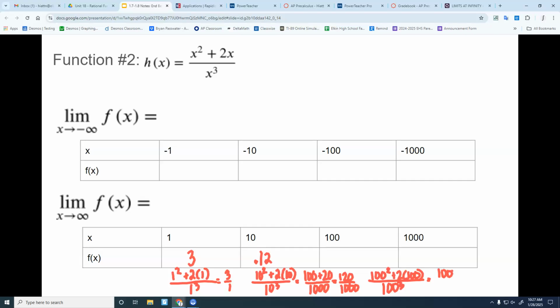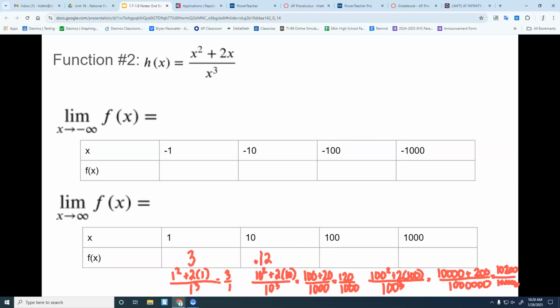So we got 10,000 plus 200 over 100 cubed, which is going to be 100 times 100 times 100. So it will have 6 zeros: 1, 2, 3, 4, 5, 6. We'll get 1,000,000 on the bottom. Now, that gives me 10,200 over 1,000,000.